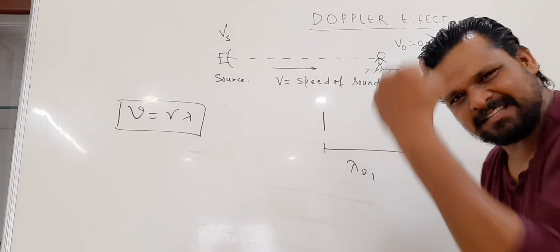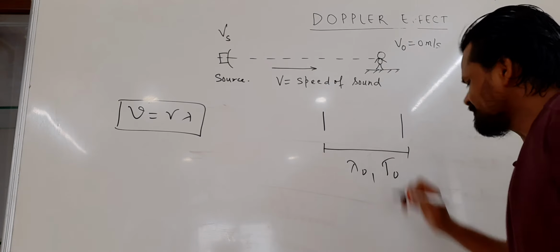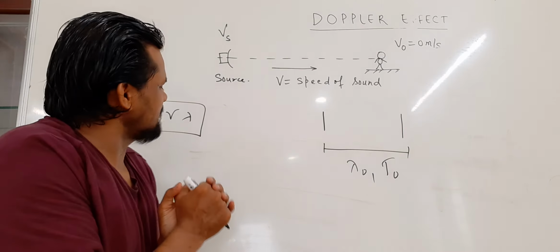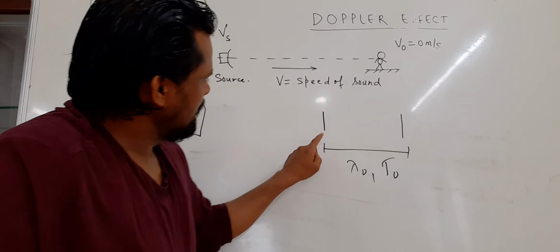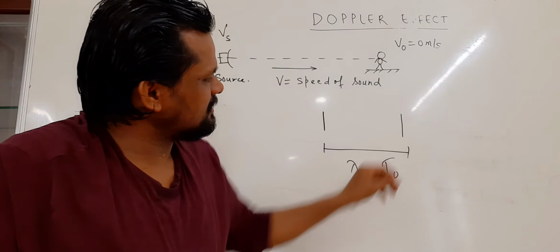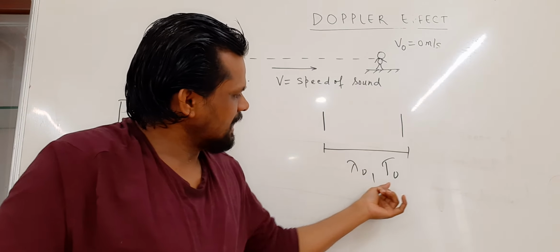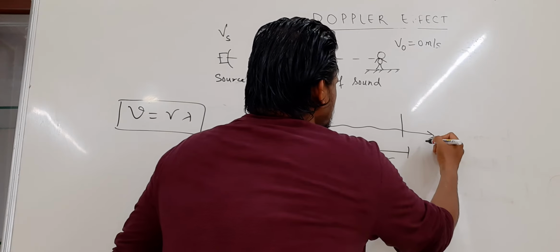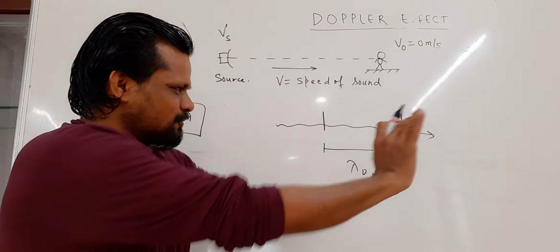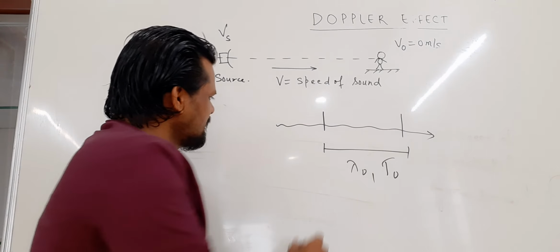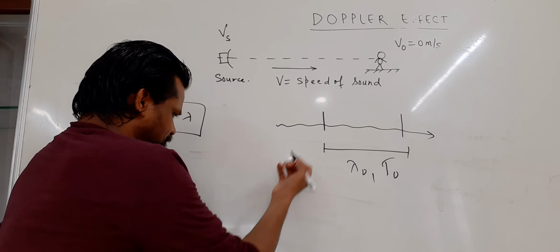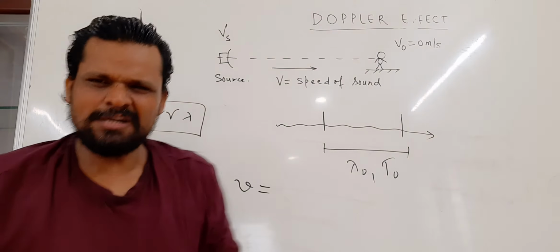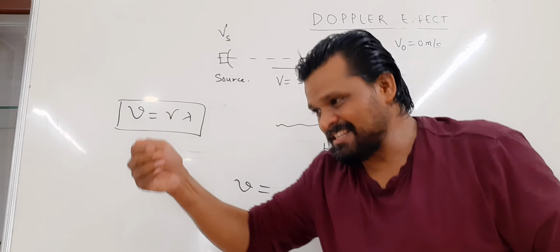It takes T naught. Variable pressure flows in this direction. What is the speed of variable pressure, the speed of variable density?